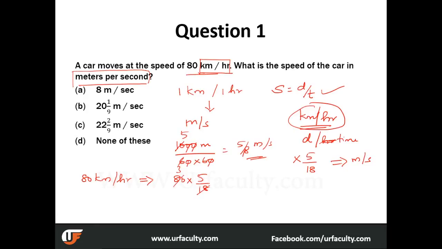You have to cancel this out. 9, this will be 40, 200 by 9, and this is 22 2 by 9. That's the answer for you.